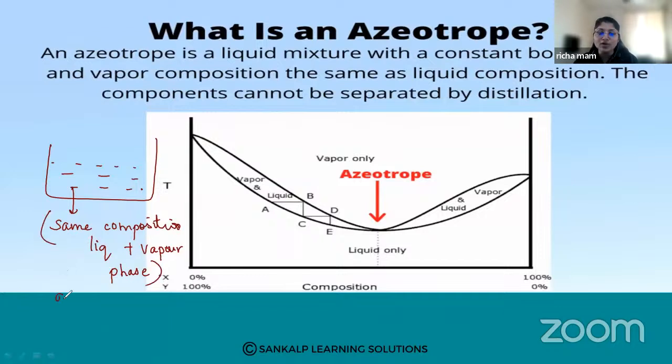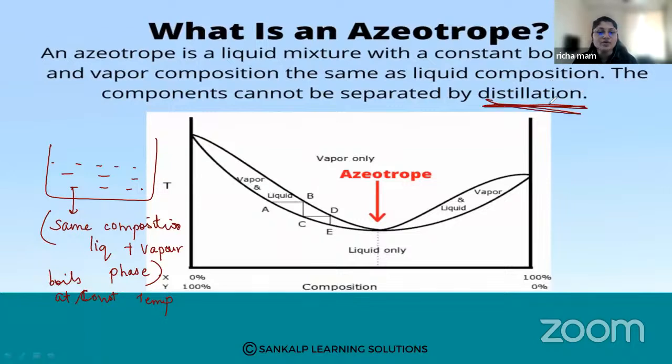So it is not possible to separate the components of this azeotropic mixture. Whatever composition is present in the azeotropic mixture, we cannot separate these components, not even by distillation.